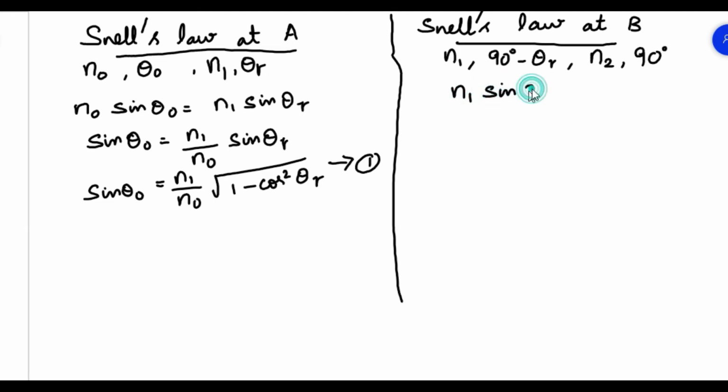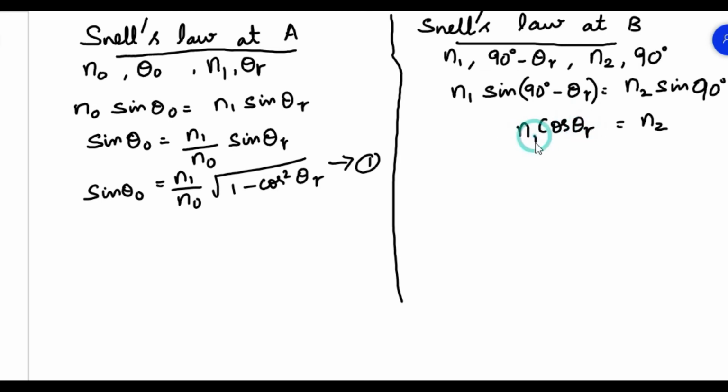According to Snell's law, n1 sine of 90 degree minus theta r is equal to n2 sine 90 degree. We know that sine 90 is 1. So n2 on the right hand side, n1 sine of 90 minus theta r is cos theta r. So cos theta r is equal to n2 by n1. Let this be equation number 2.